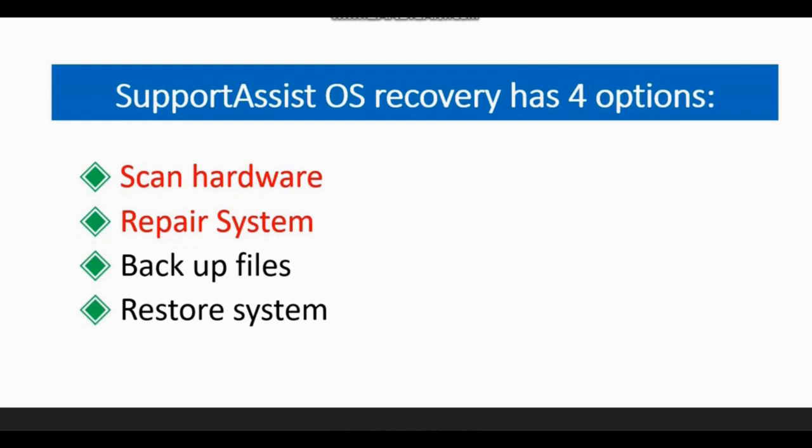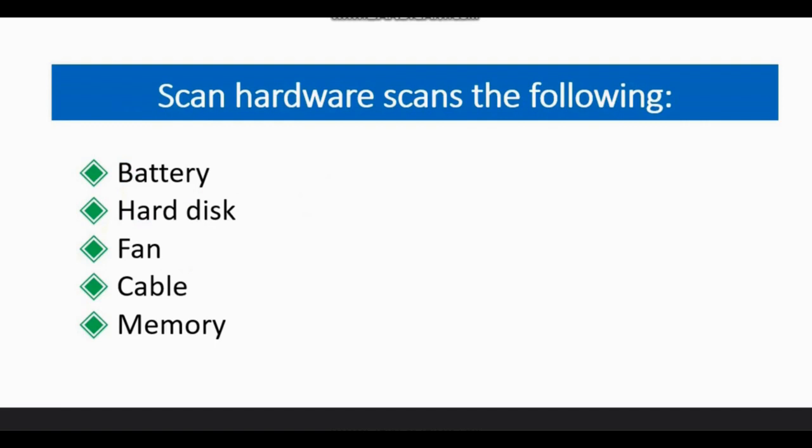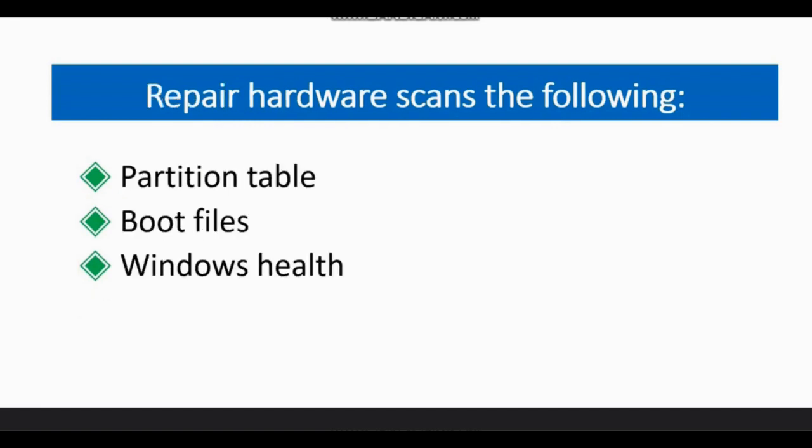SupportAssist OS Recovery has 4 options: scan hardware, repair system, backup files, and restore system. The first 2 options, scan hardware and repair system, are important. You have to run the scan for both, and it will scan important parts like hard disk, cable, memory, fan, and battery.